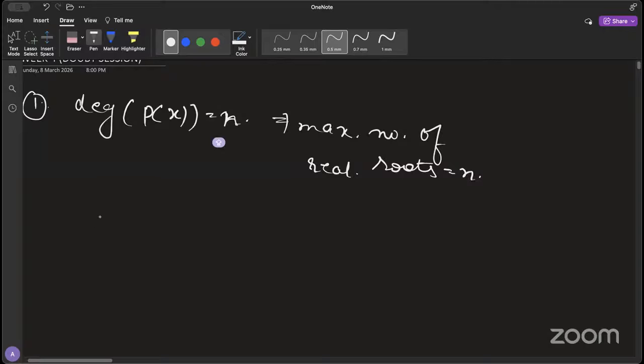If you have p(x), then the next thing is multiplicity of zeros. Roots or zeros are equal in number, so if you have n roots, that means n zeros.